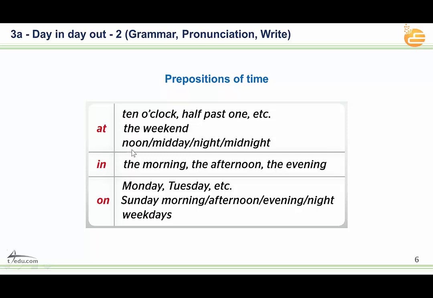We use it with noon, night, midnight: at noon, at night, at midnight. But in, we use it with the morning, the afternoon, the evening: in the morning, in the afternoon, in the evening.